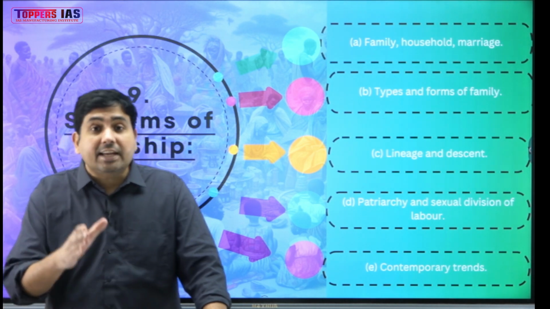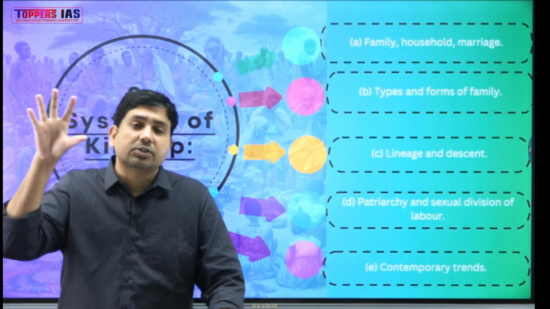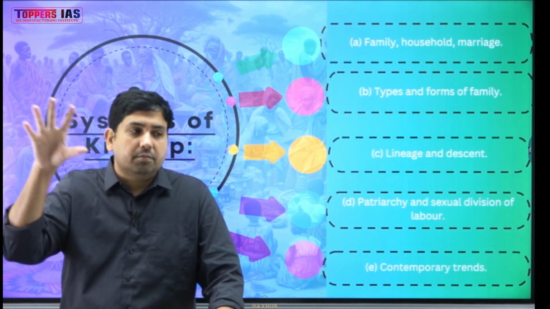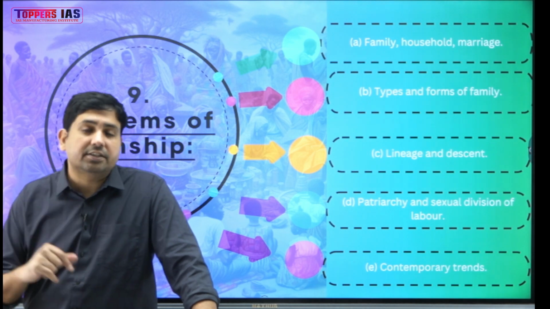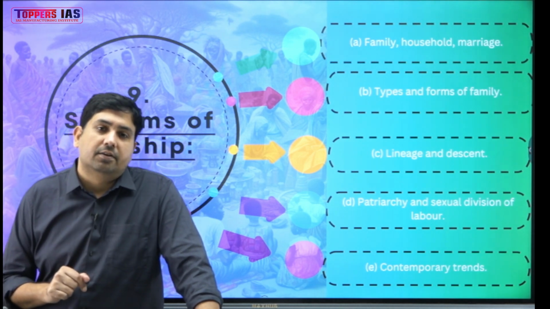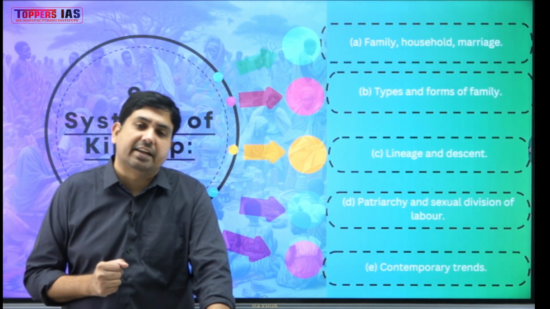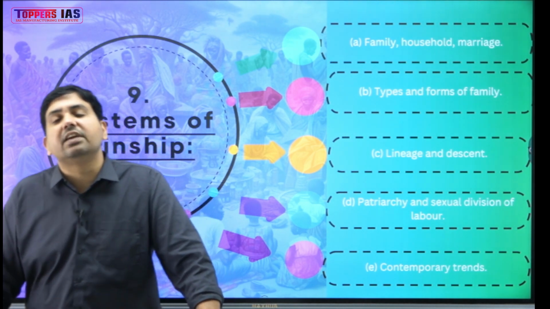Then there is also a rise of same-sex marriage and partnership. In paper 1 we largely focus on Western societies, because the second paper is Indian society, where our entire focus remains largely on Indian society. So there is a rise of same-sex marriage, and legal recognition has been given in many countries.